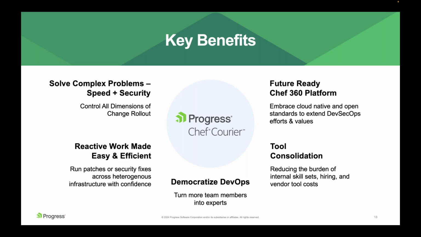There are no individual teams or saviors that you have to rely on during critical emergencies or unplanned downtimes. So what this does is allows you to maintain business continuity because there are always people aware and informed and acting upon problems, while the responsibility is shared and distributed. So this is what democratized DevOps means, and an extension of this is tool consolidation.